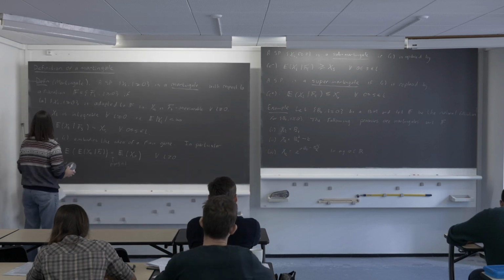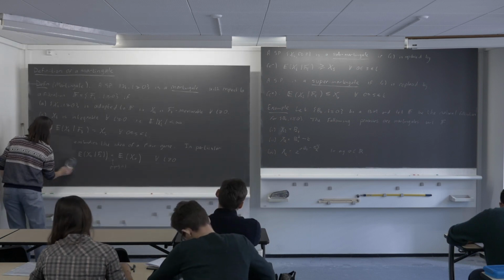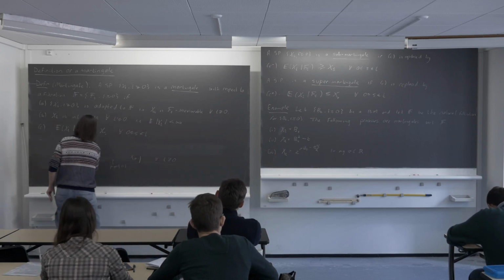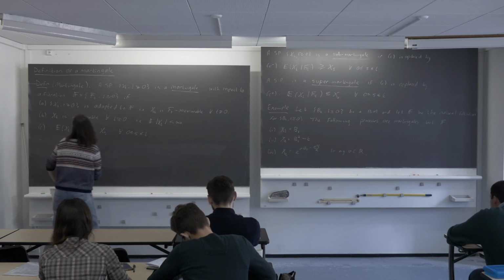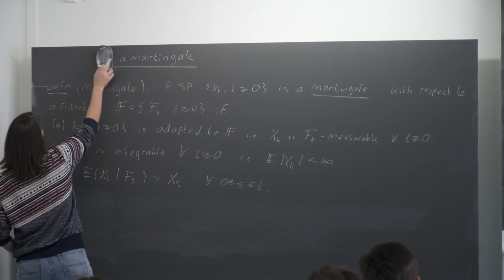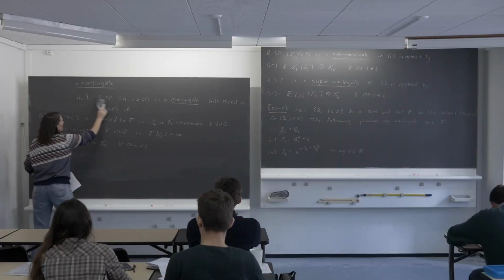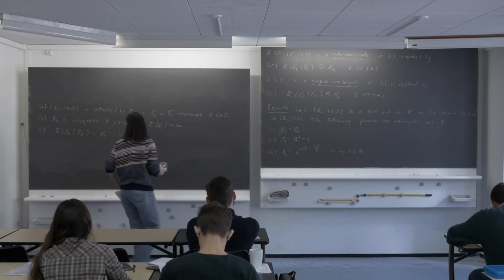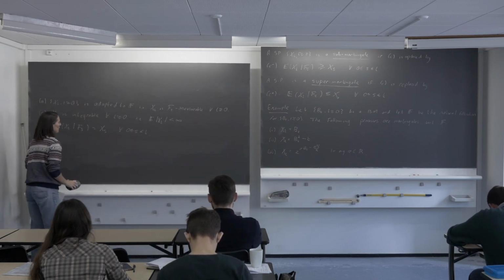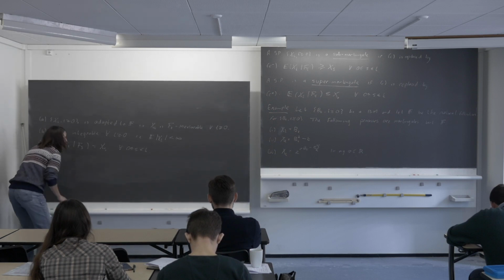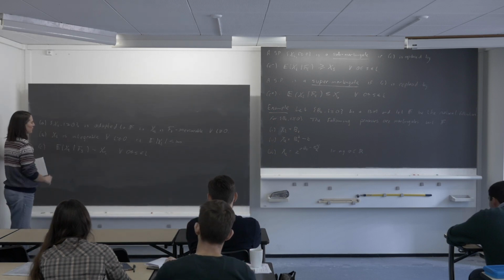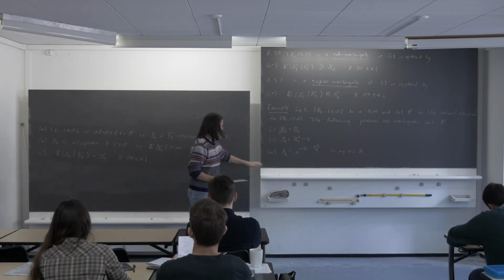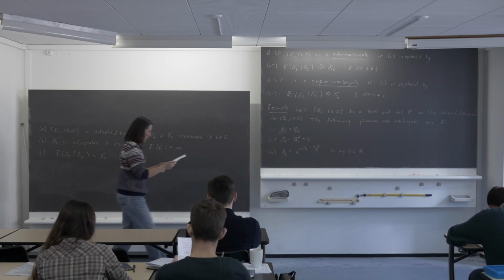Okay, so here are our conditions. I'll just leave them on the board for now as I prove each one, just so that we can remember what they are. The first thing we need to do is check that this is an adapted process.